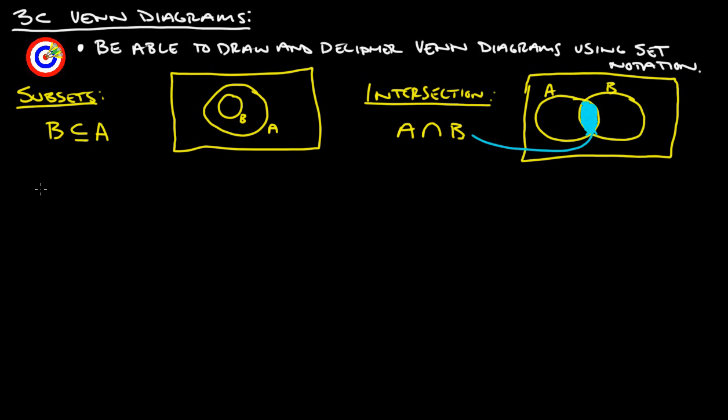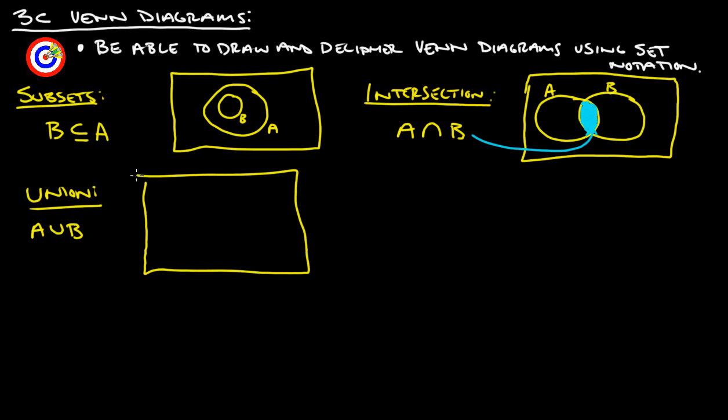Alright, let's take a look at union. Okay, so let's do A union B. I know what you're thinking. What beautiful rectangles I draw. Yes, I agree.